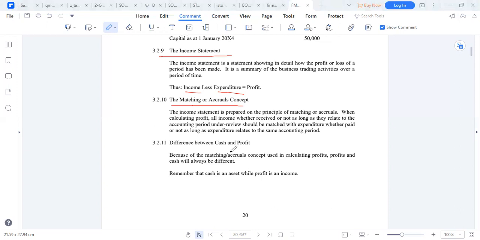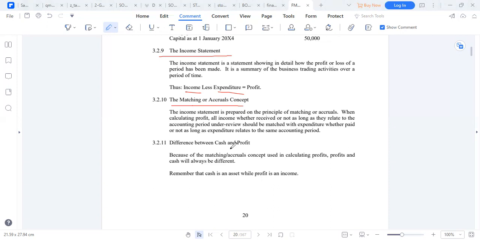Capital expenditure looks at you buying fixed assets like fittings and fixtures, land. Those you can't charge as an expense. People make a mistake to say we bought furniture, so that is an expense. No. That is capital expenditure. Only revenue expenditure is included in the income statement.